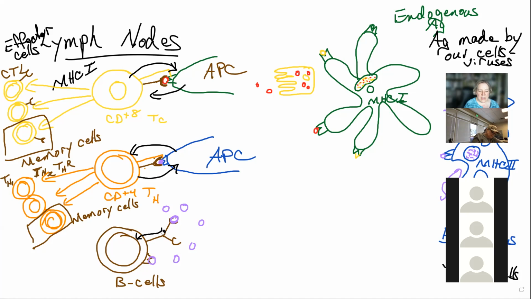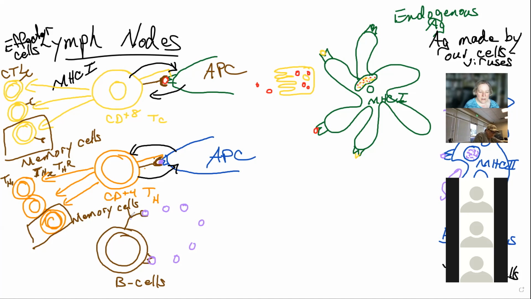So just for the sake of getting things cleaned up a little bit, I'm going to move this over so I have room to bring my T helper cell over. Okay, we're going to show the B cell receptor. We're up here.